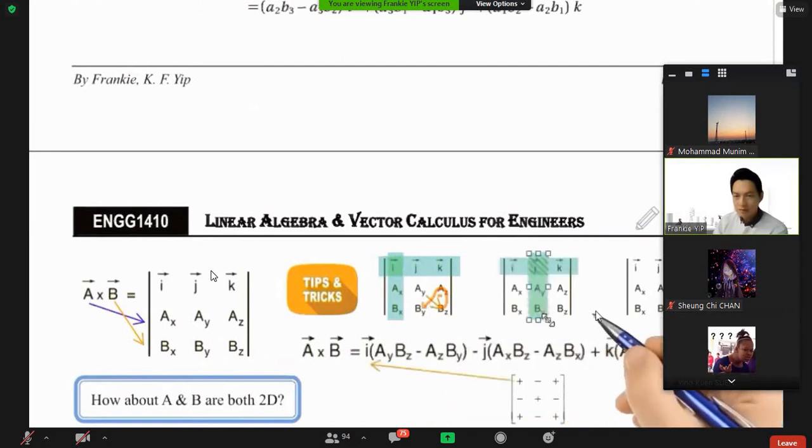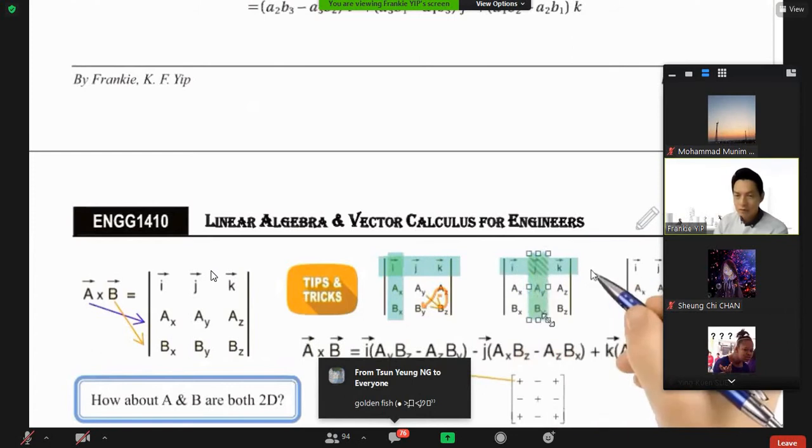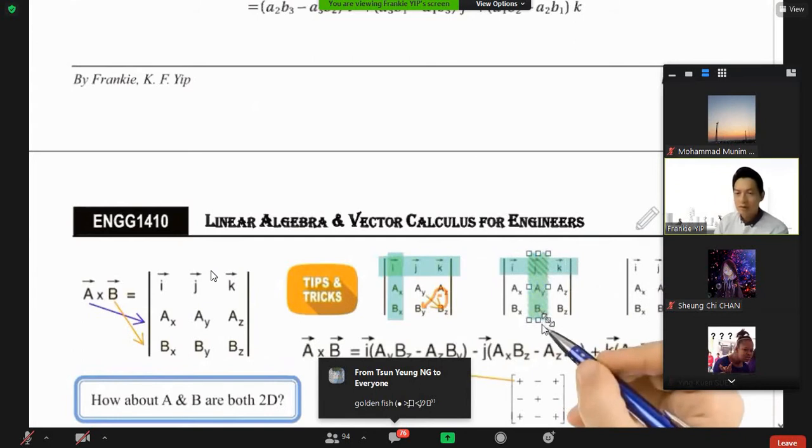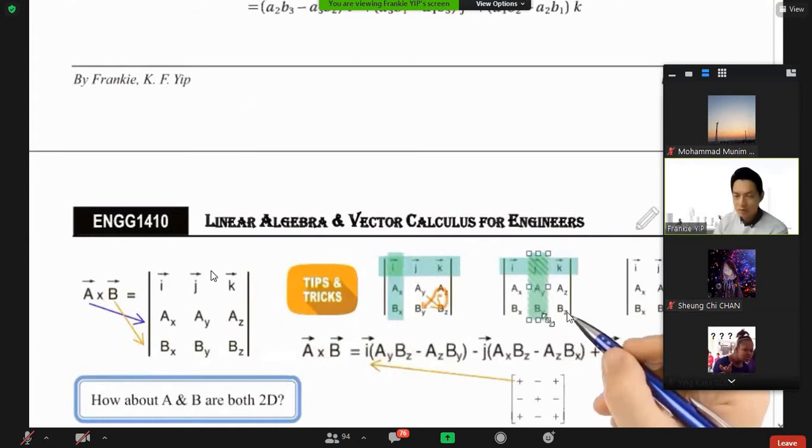And how about the next part? I hide the row having j and the column having j. So what we are left with is these four. I use the matrix method again, the small golden fish: AX times BZ minus AZ times BX.